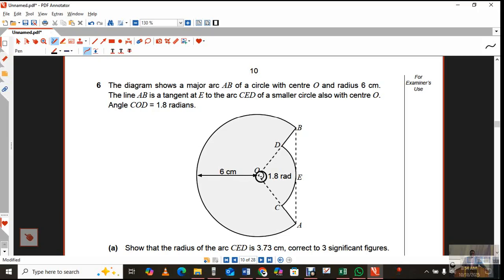The radius of CED, which is this distance here up to that distance there, will be the same as from here up to there. That is going to be the same thing. All of them are just radii, and that is what I'm actually more interested in.